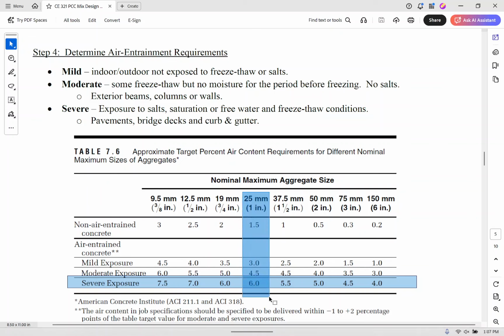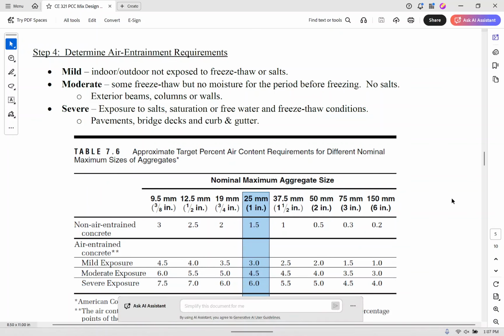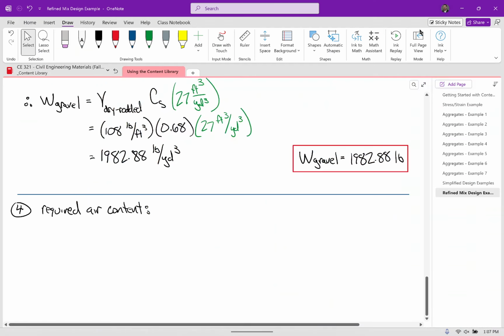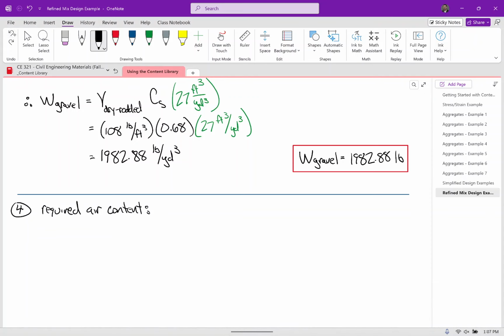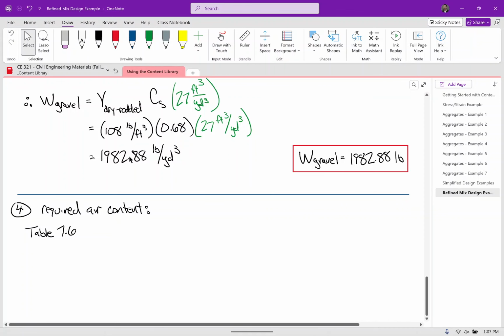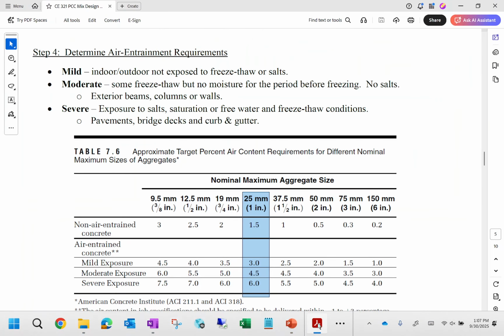1 inch nominal max aggregate. We're going to have a percent air of 6%. Does everybody see that? Okay. Oh, hold on. Table 7.6. Did I get that right? Table 7.6, yeah.